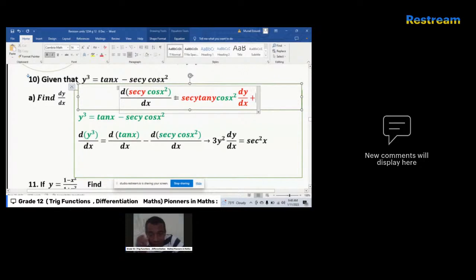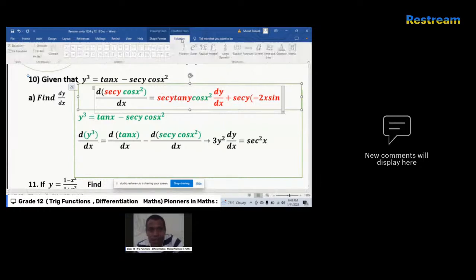Means I will keep sec y as it is, multiplied by the first derivative of cosine squared. It will be between parentheses minus 2x, and the first derivative of cosine is sine, so sine of x square.